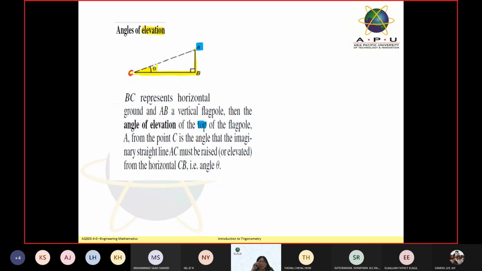Let's make it simple: the angle from the horizontal line to the top of the flagpole, we call it the angle of elevation. It must be measured from the horizontal line.